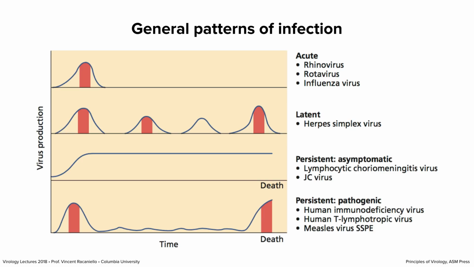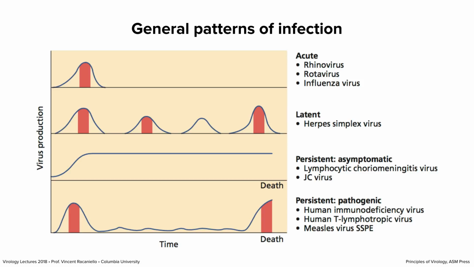This diagram shows you the differences between acute and persistent infections. On the top is an acute infection, and what we're looking at here is virus production and disease on the y-axis with time on the x-axis.